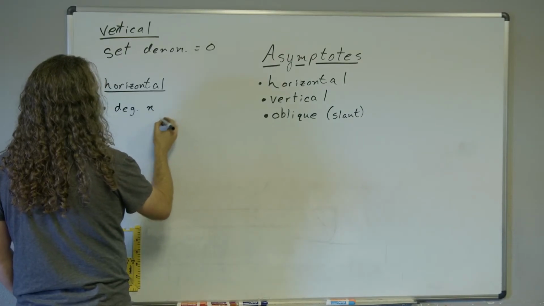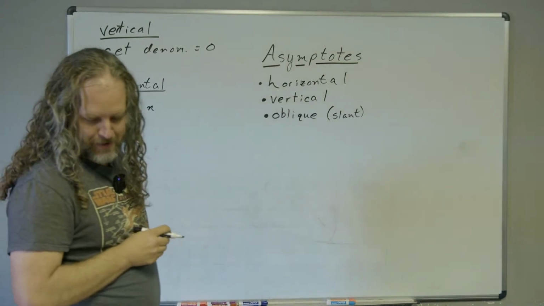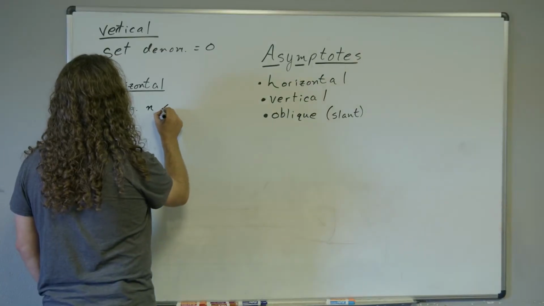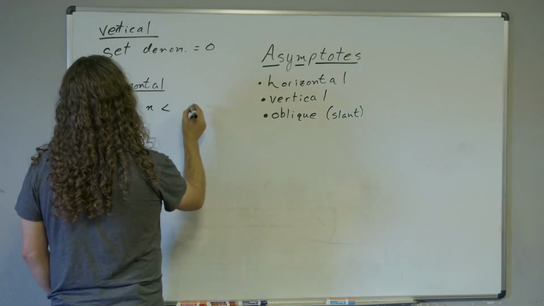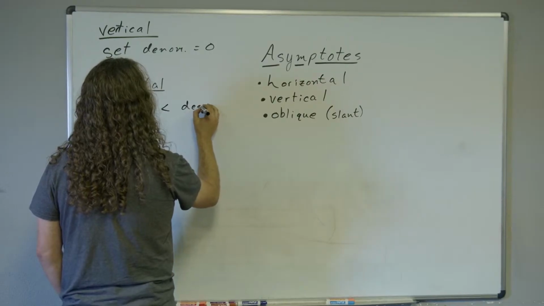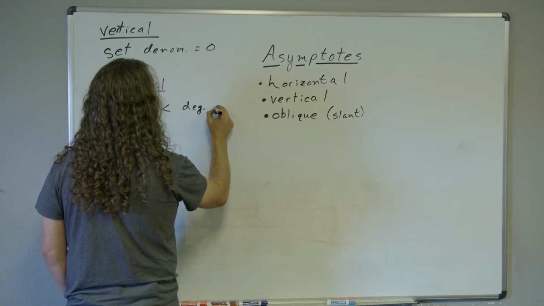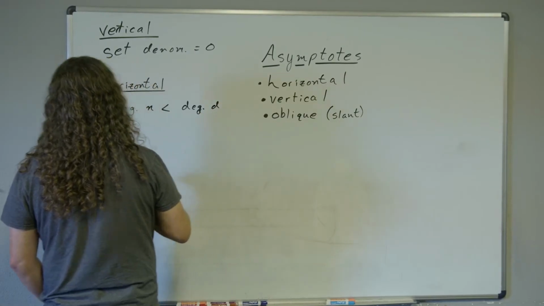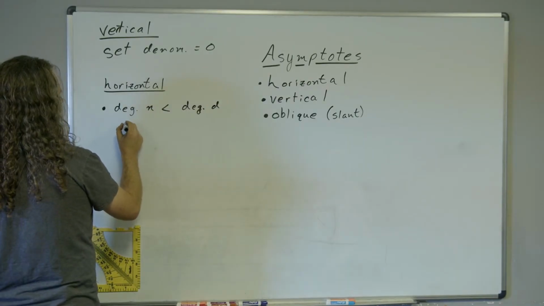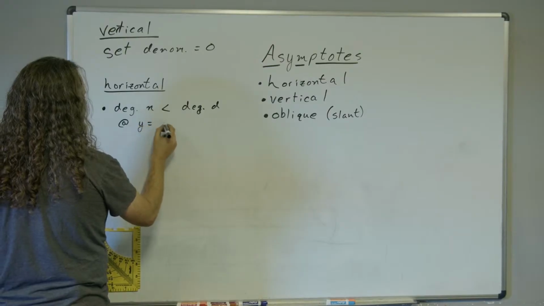If the degree of the numerator is less than the degree of the denominator, then it has a horizontal asymptote at y equals 0.